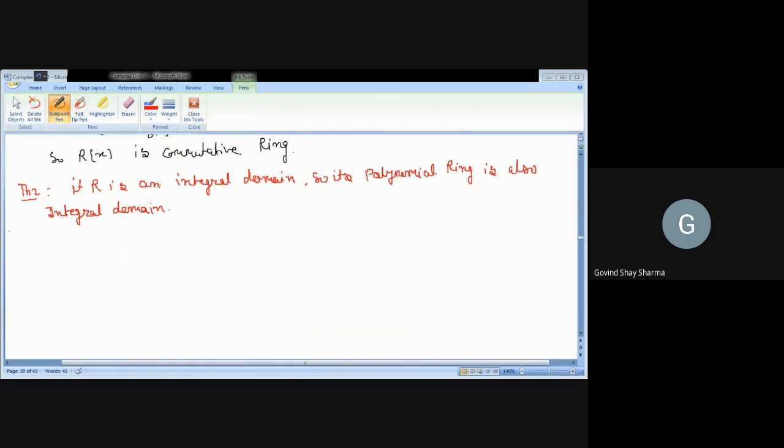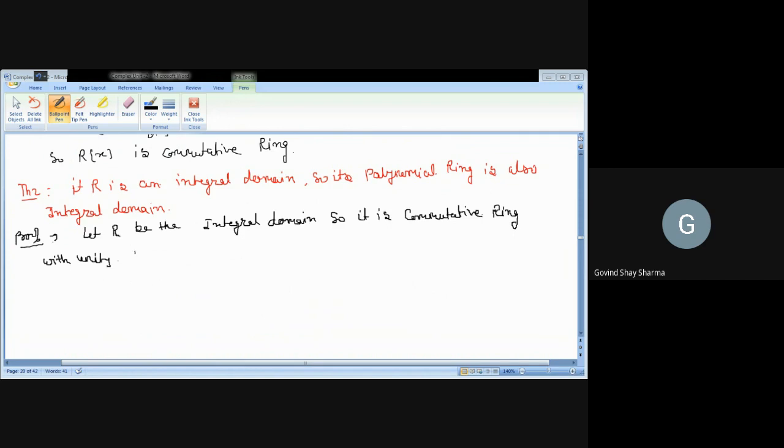So let R be an integral domain. So it is a commutative ring with unity, and R[x] is the polynomial ring.